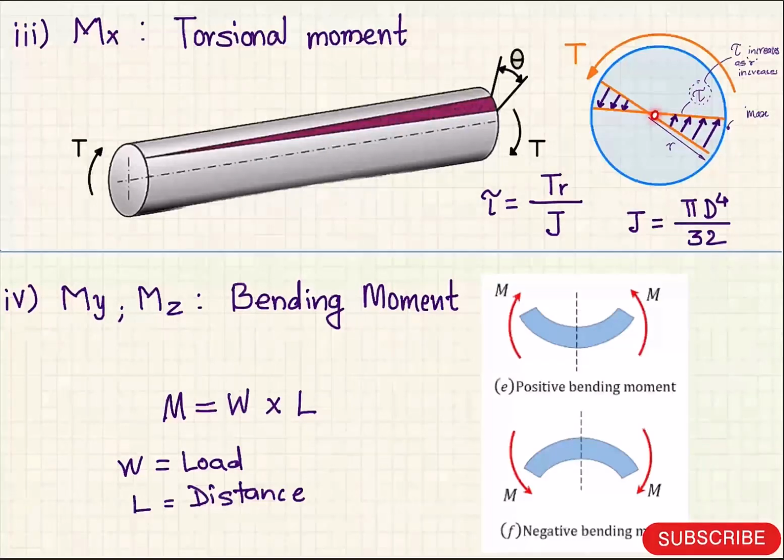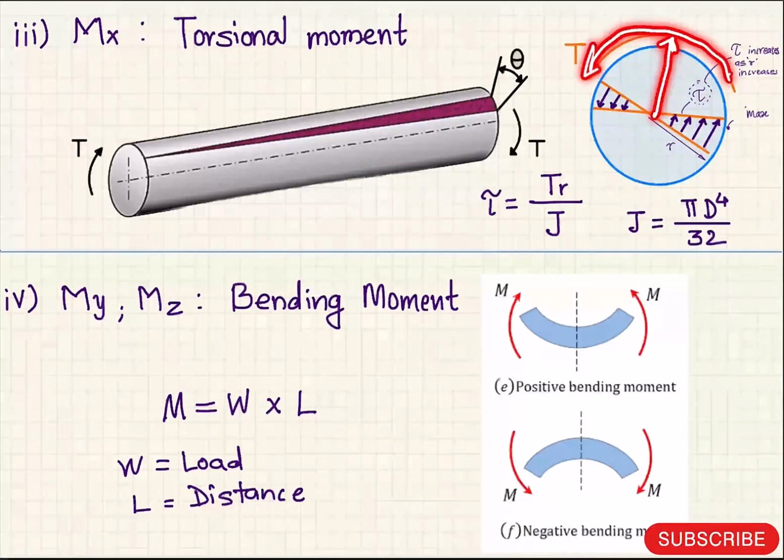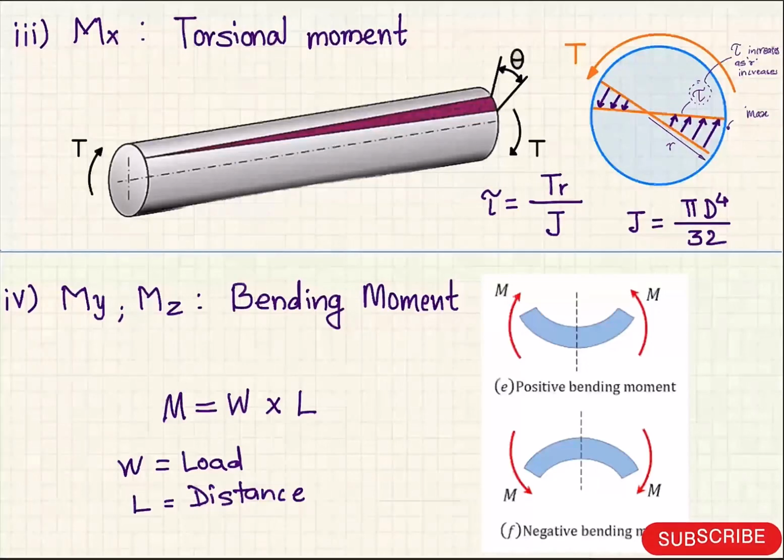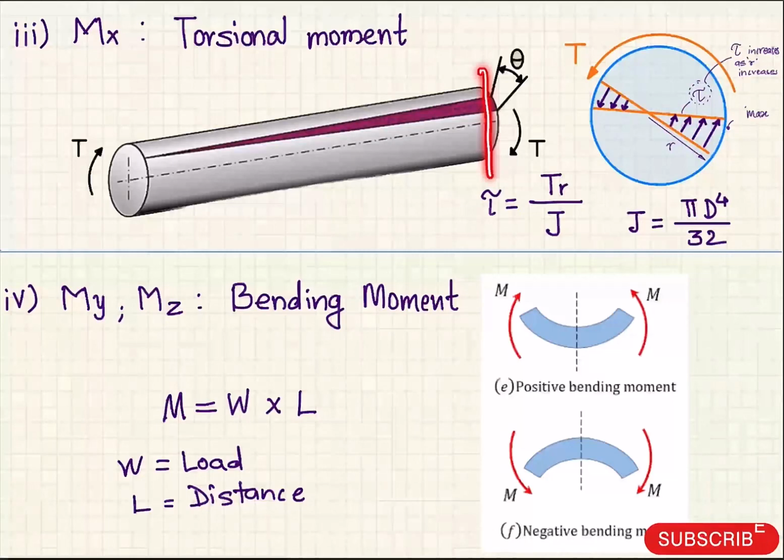If you consider this is the center point of the specimen, and the torque applied on the body, which you call T in this figure, is creating a torsion moment. The primary effect of the torsional moment is to cause rotation of different cross sections, because you can see easily, if I take a cross section here, then the molecule movement is small. If I take a cross section at the end, the molecule movement is bigger.